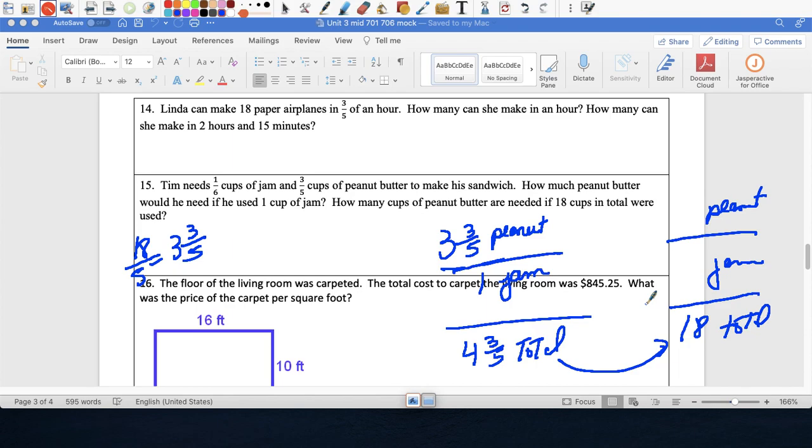We can just simply divide. And our mystery number is 3 21 over 23, which is going to be the same thing here and the same thing here. So let's just multiply that times 3 3/5.